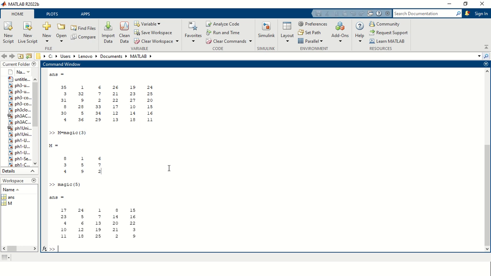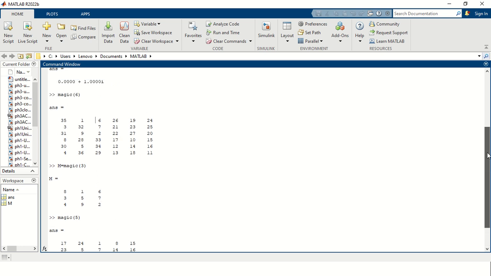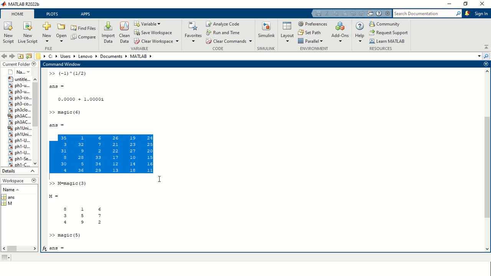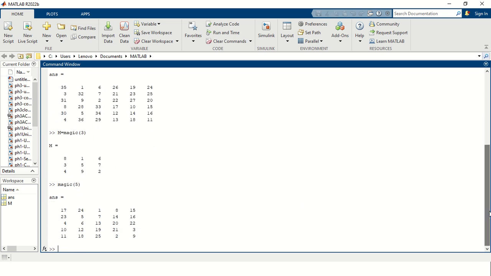I took 3 here, so it picks values 1 to 9 and sets them in a manner to create a 3 by 3 matrix. Here I have chosen 6, 6 square means 36, so values 1 to 36 were selected and a 6 by 6 matrix was created. So that is how the magic function works.